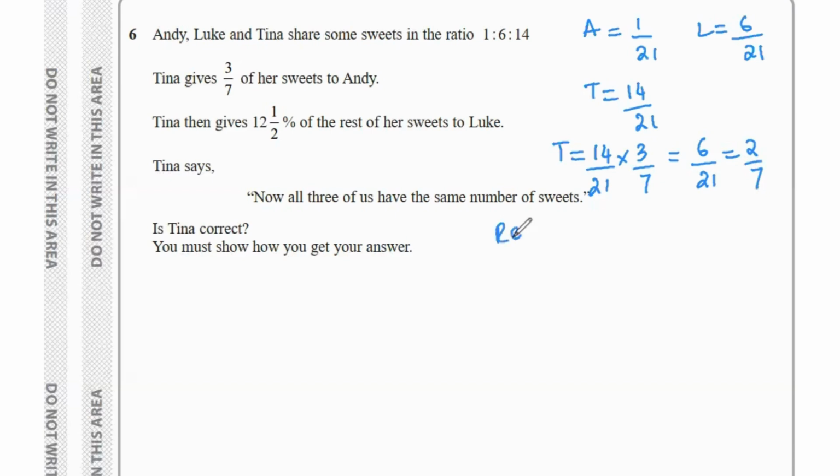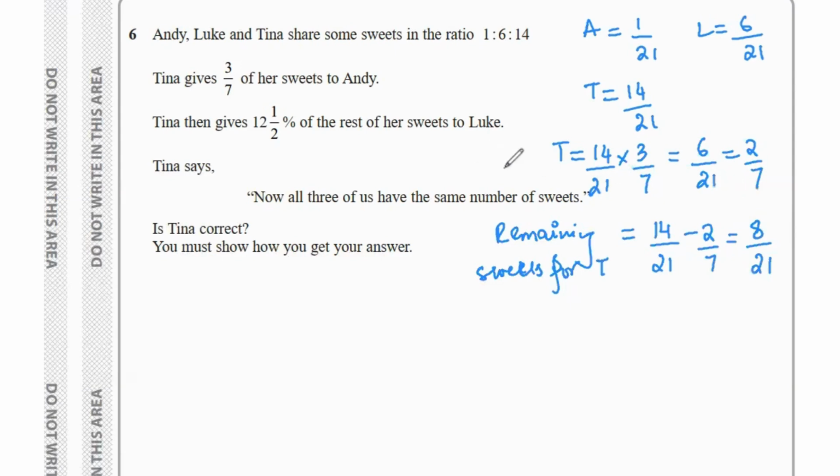Now the remaining sweets for Tina is going to be 14/21 minus 2/7, which is equal to 8/21. This is what Andy got from Tina. Okay.